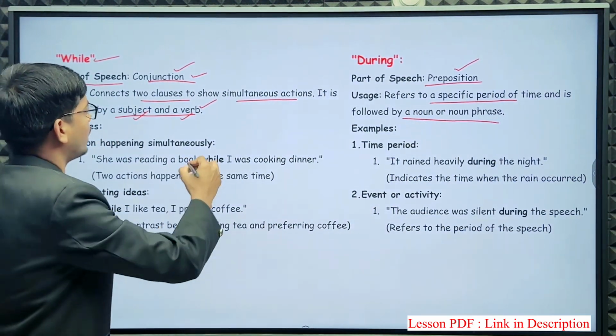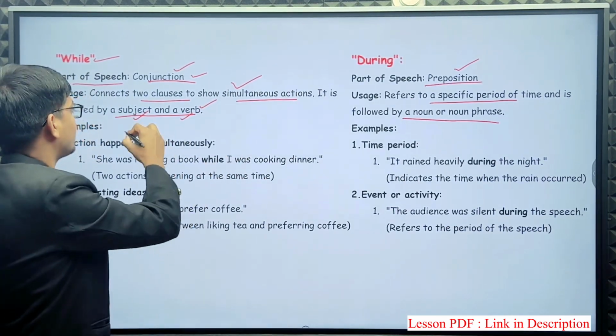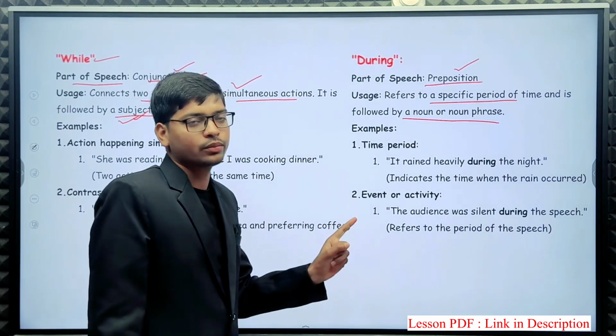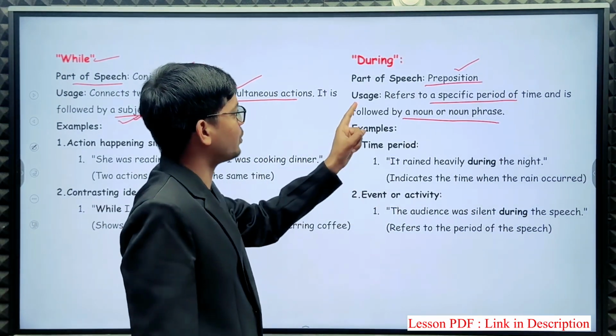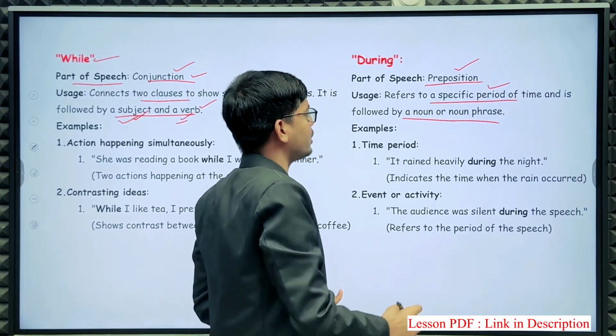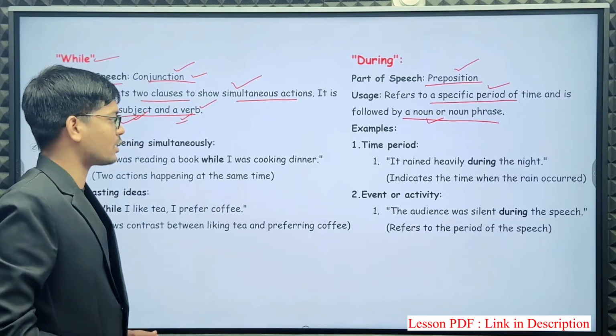While connects two clauses to show simultaneous actions and is followed by a subject and verb. But during refers to a specific period of time and is followed by a noun or noun phrase. So let's see examples.